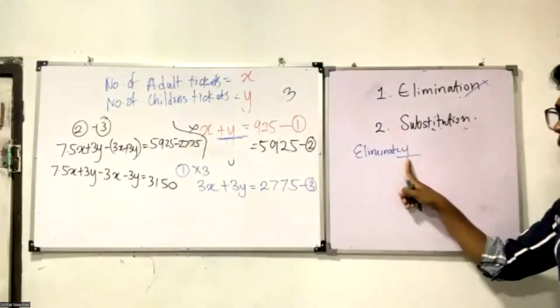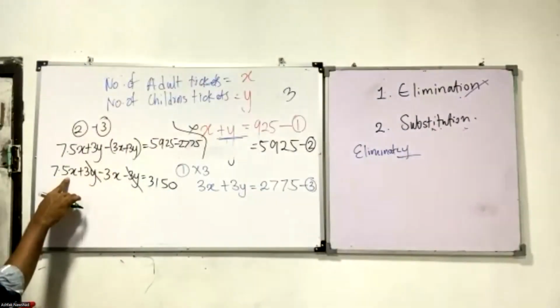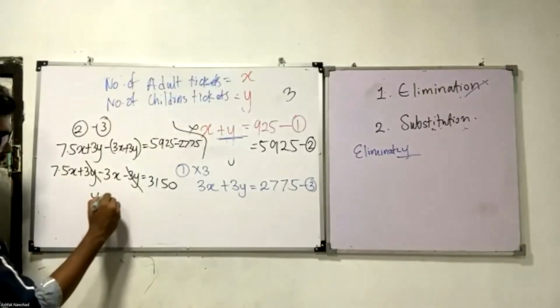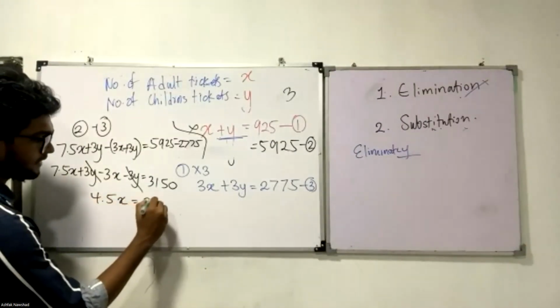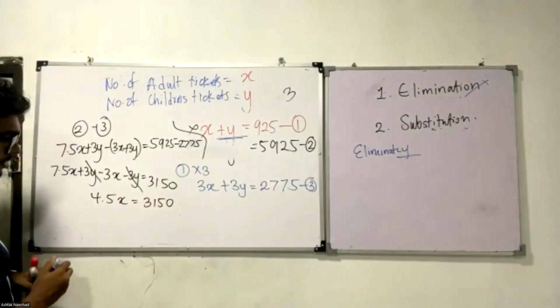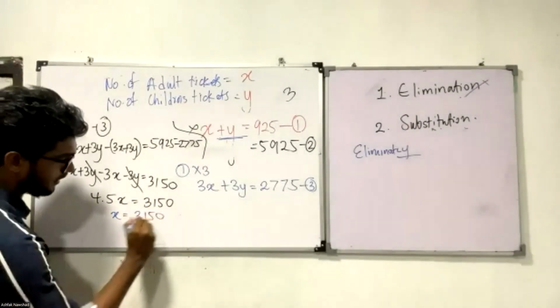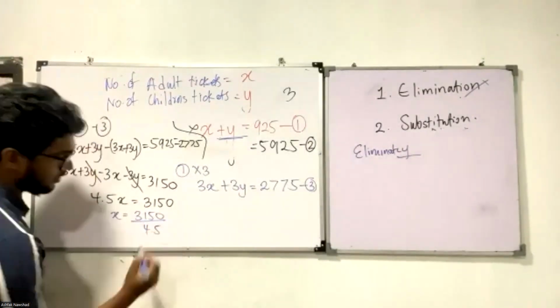I chose to eliminate y, and yes, y is eliminated now. 7.5 minus 3 is 4.5. 4.5x is 3150. So I can get x by 3150 divided by 4.5.